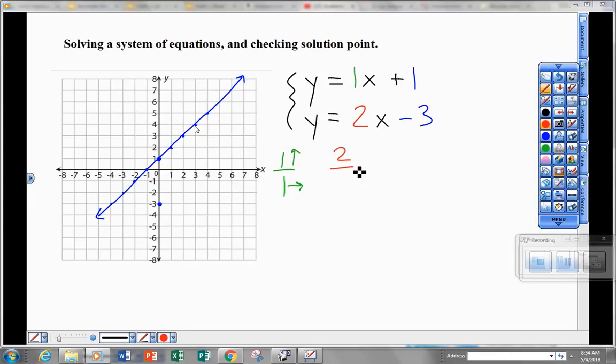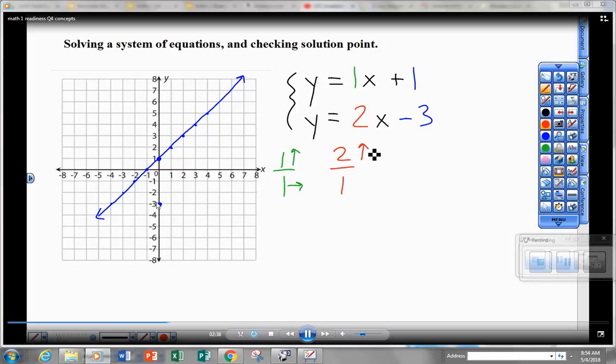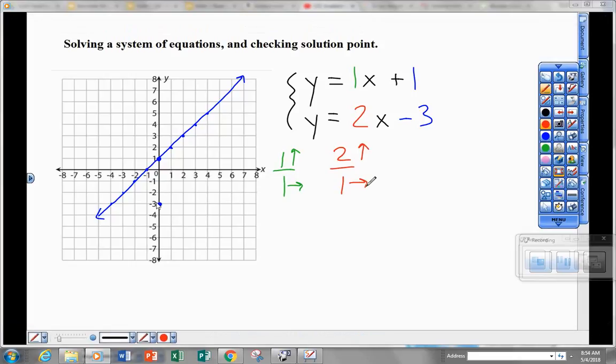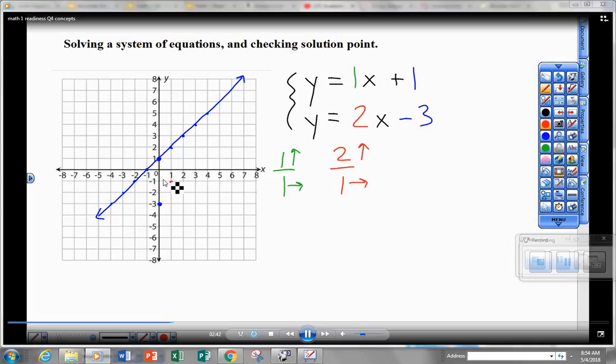Made into a fraction, it is 2 over 1, which means from the starting point, negative 3, every time I go up 2 boxes, I go right 1. Up 2, right 1, repeated several more times.